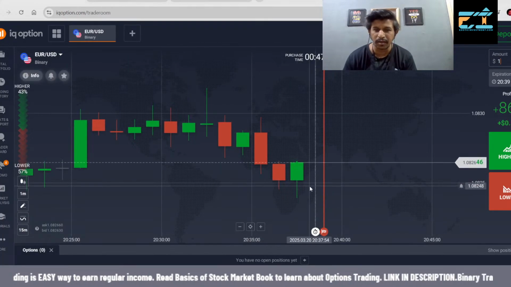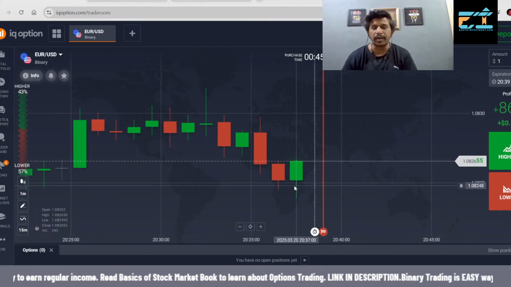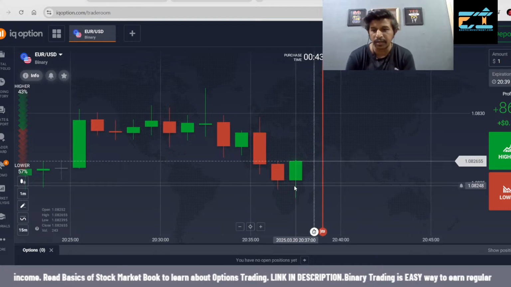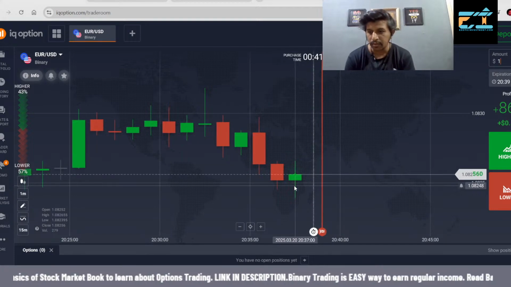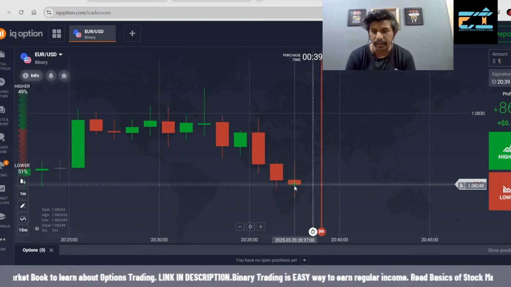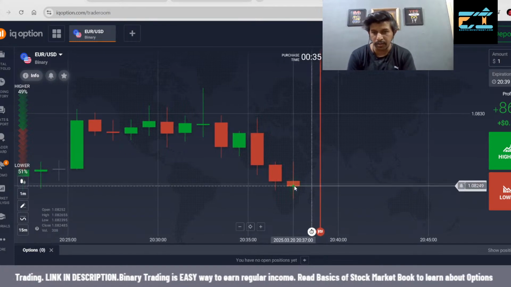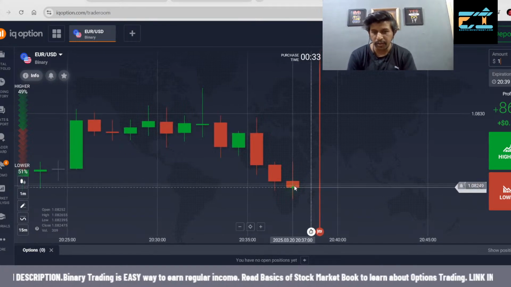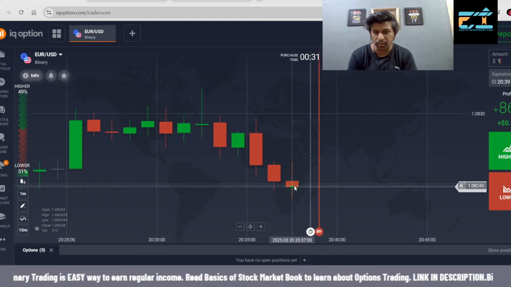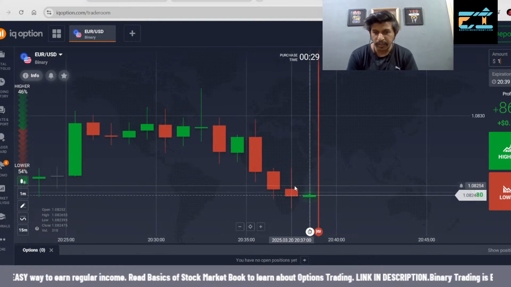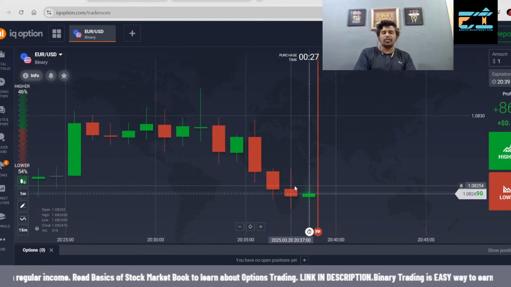No, man, there is no pattern here as well. So the third candle went green, so no trade. Oh, it was green, now it turned red. I wish that it is closing in red. Yay! Yes, it closed in red.